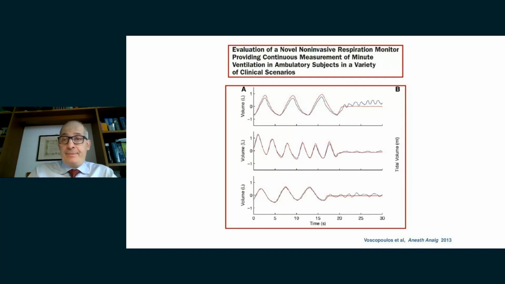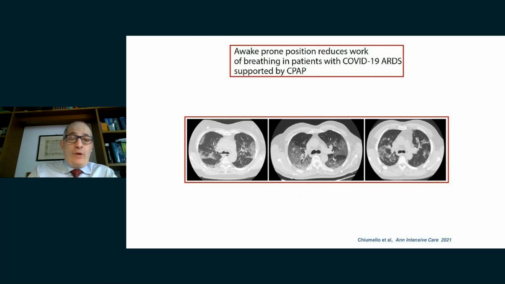I would like to present just two recent studies that we published in patients with acute respiratory failure admitted in intensive care with COVID-19. This was a lung CT scan image of 3 typical patients admitted with respiratory failure that were treated with helmet CPAP.